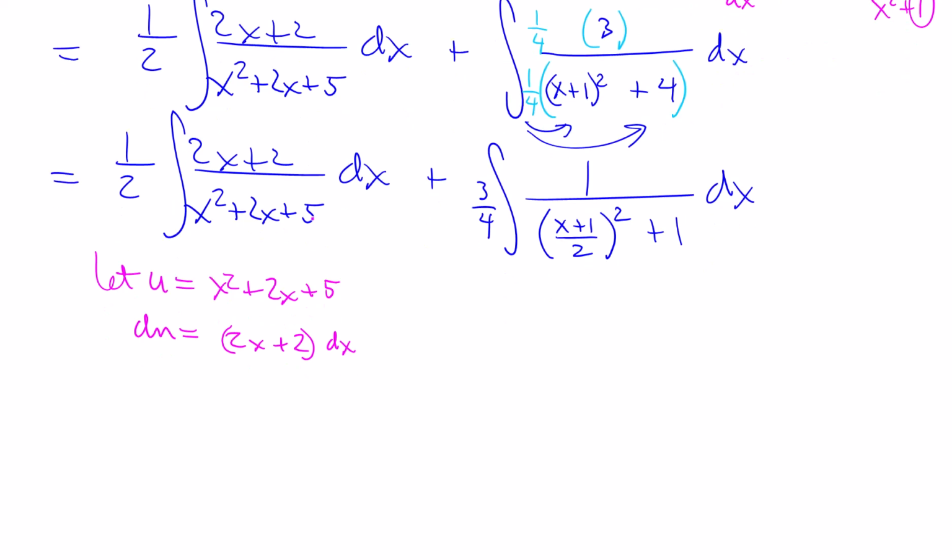For the second integral here, I'm going to let u equal x plus 1 over 2. Why? Because that's the part in the parentheses now that I'd love to replace with u and get an arctangent out of this. Okay, so if that's the case, then du would equal 1/2 dx, right?